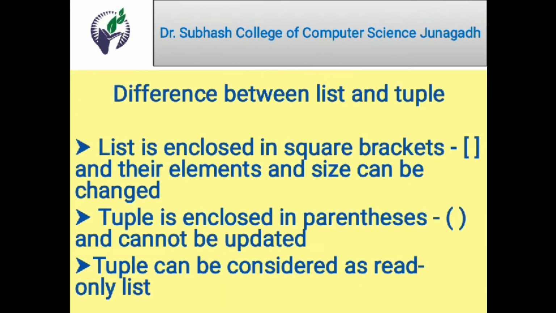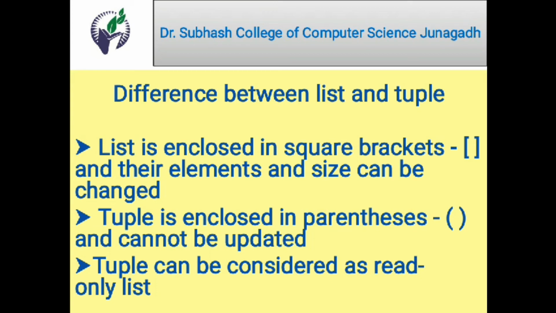Is there a difference between list and tuple? Yes, there is a difference. It is not only that we are using square brackets and parentheses, but from the actual processing point of view there is a difference: how they are working, how list works, how tuple works. As we have seen, list is enclosed in square brackets, and its elements and size can be changed.